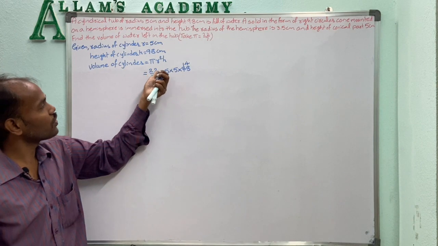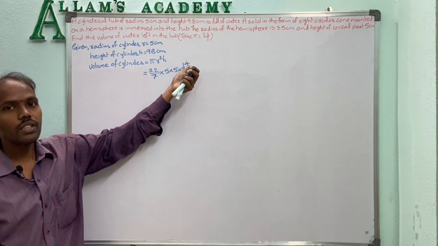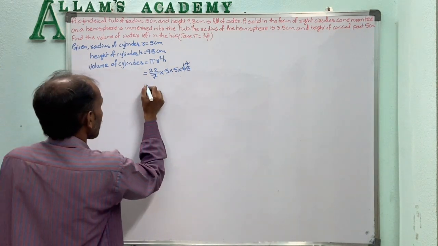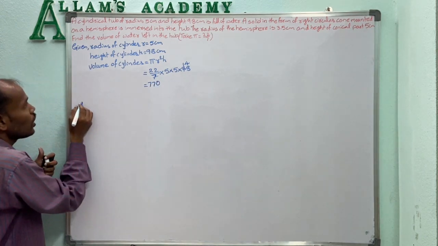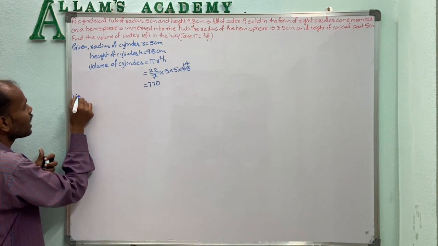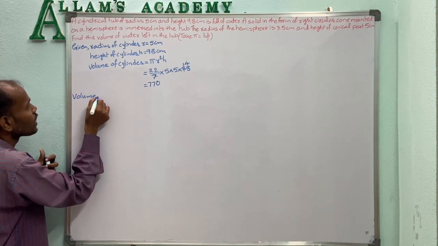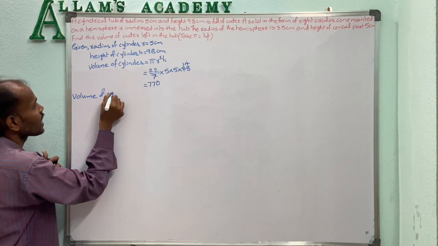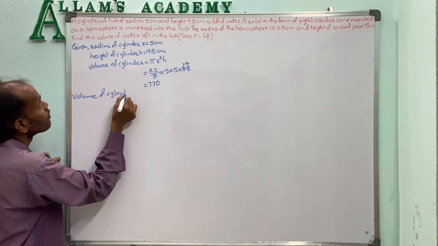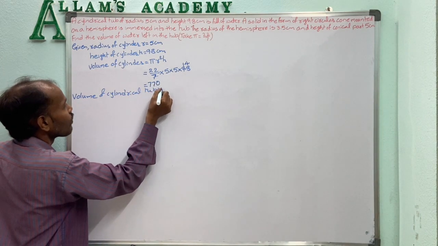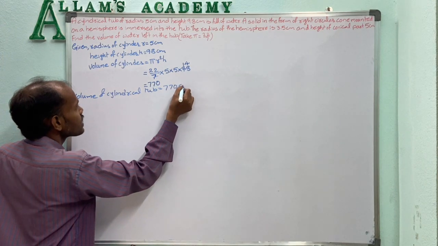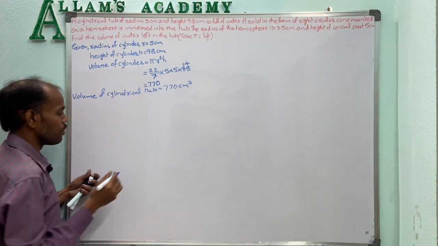So 22 into 5 into 5 into 1.4, that is nothing but 770. So volume of cylinder, that means volume of cylindrical tub, equal to 770 centimeter cube.